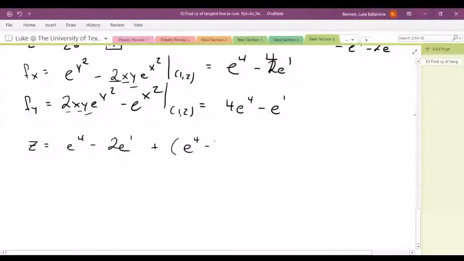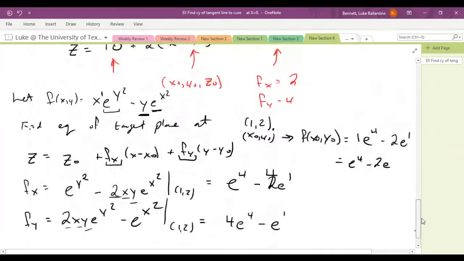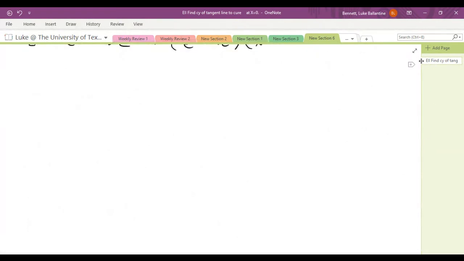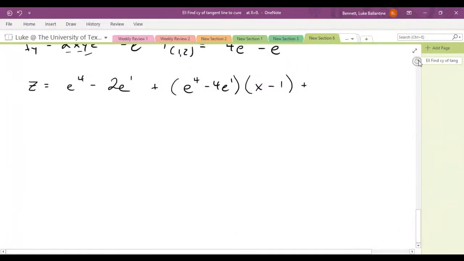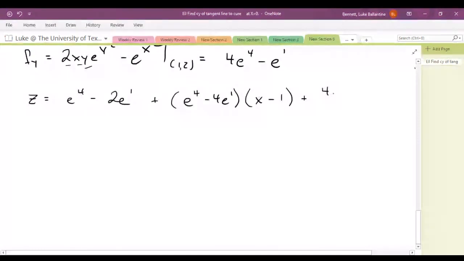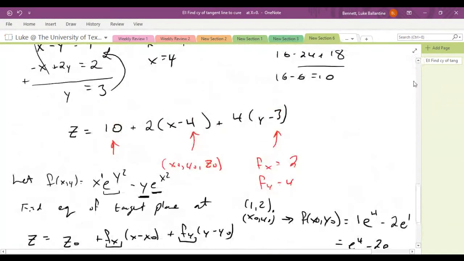E to the fourth minus 4e to the first. Then we have x minus x naught. X naught was 1. We just put 1. Now plus, and then the partial of f with respect to y was 4e to the 4 minus e. Then we have y minus y naught, which was 2.